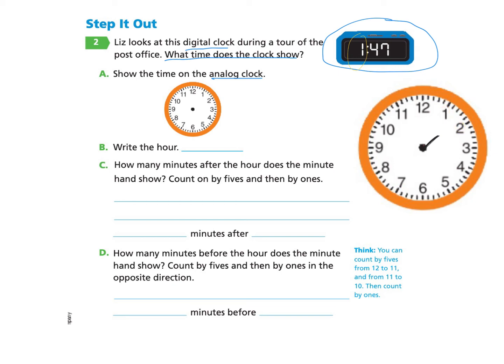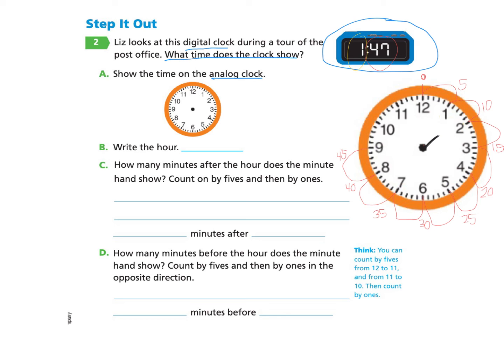And then I'm going to draw my minute hand, and that's the one that's at 47 minutes. So I can start here at 0, and go 5, 10, 15, 20, 25, 30, 35, 40, 45, and I need to stop there because if I go one more, I will go to 50, and that is more than 47.